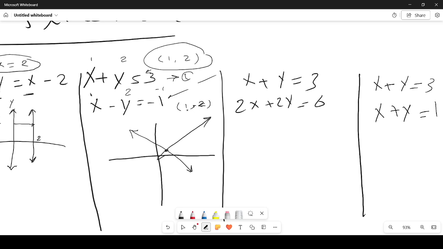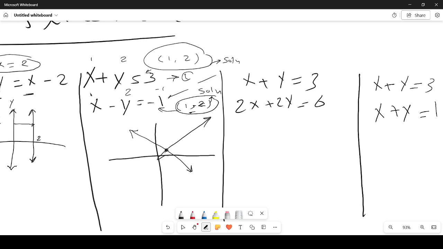and the same point applies to both equations, which means this is a solution for the first equation, and it is actually a solution for the second equation as well, which means this point lies on both lines, so they intersect.